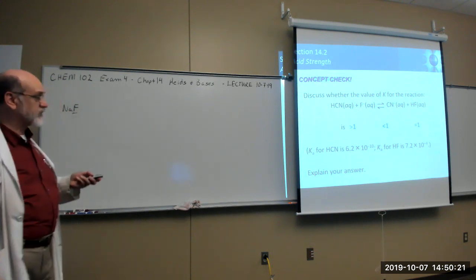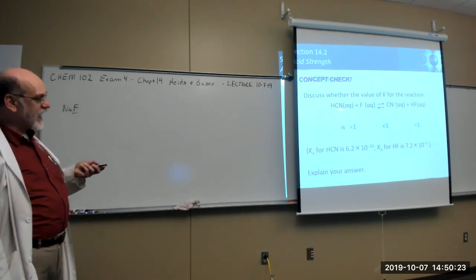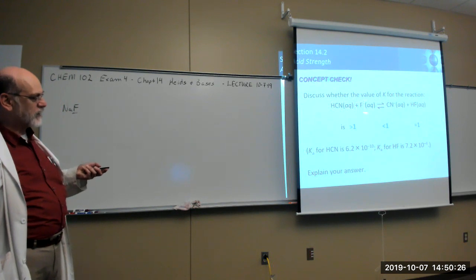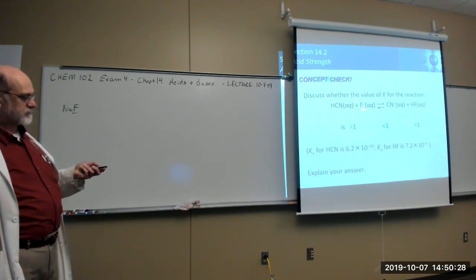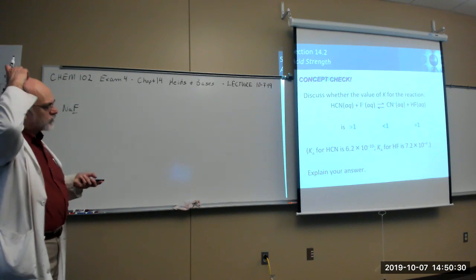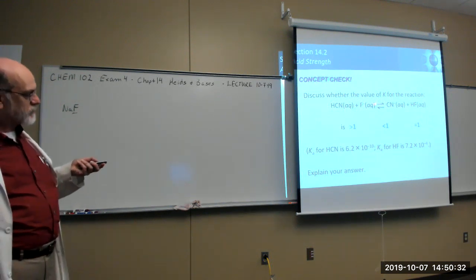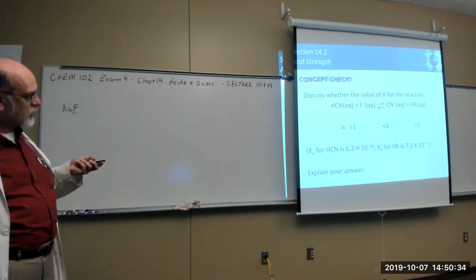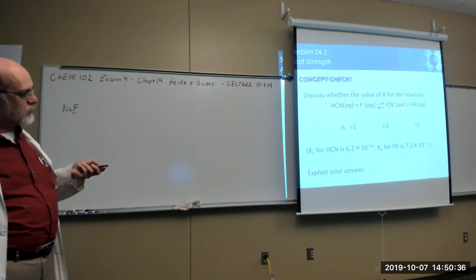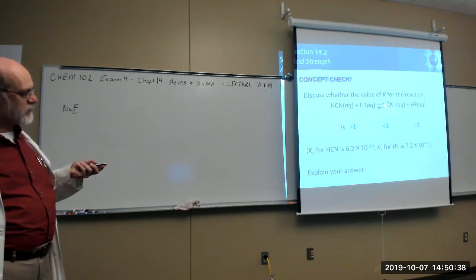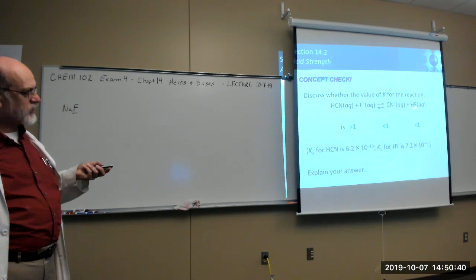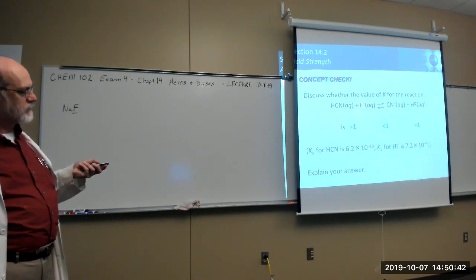So once we get it in a solution, we have hydrocyanic acid in solution, and we mix in some fluoride. Fluoride is going to accept the proton and give you the conjugate base of hydrocyanic acid and the conjugate acid of this base, fluoride ion.